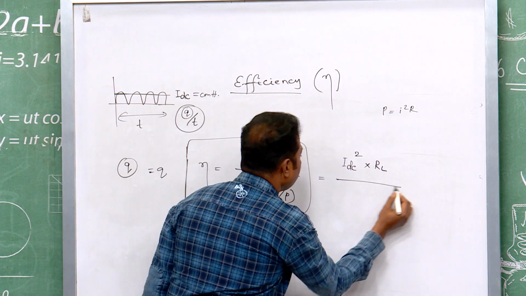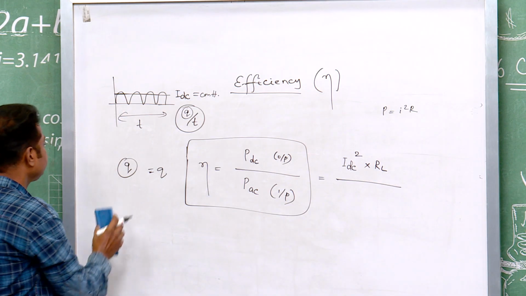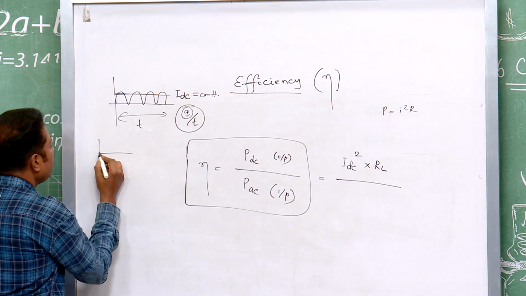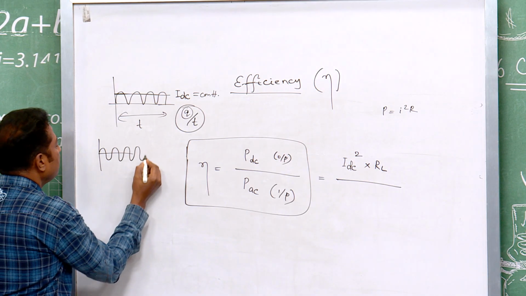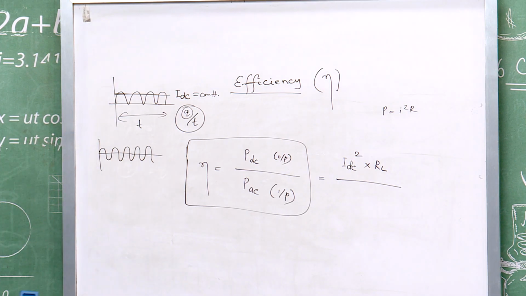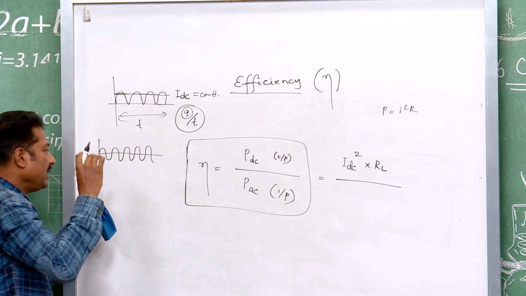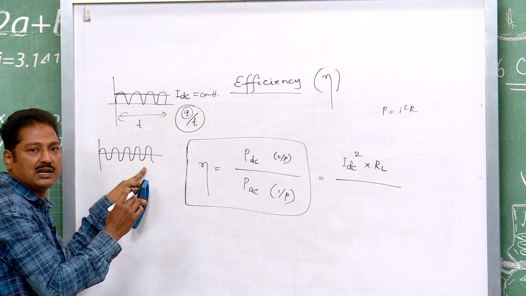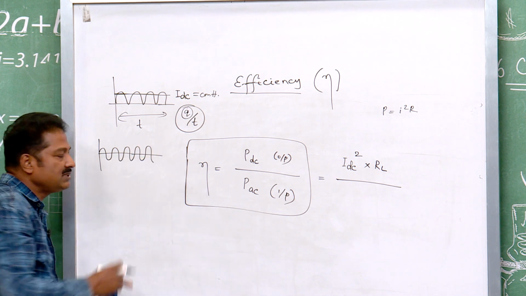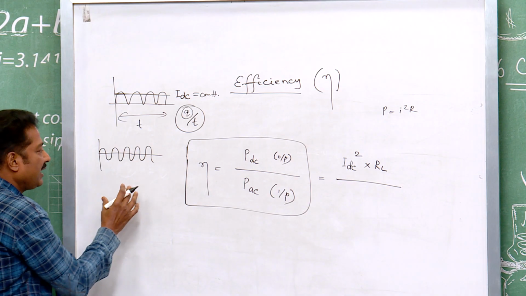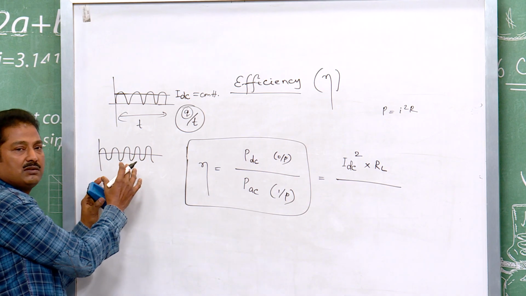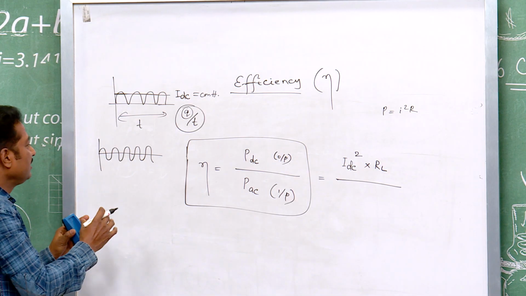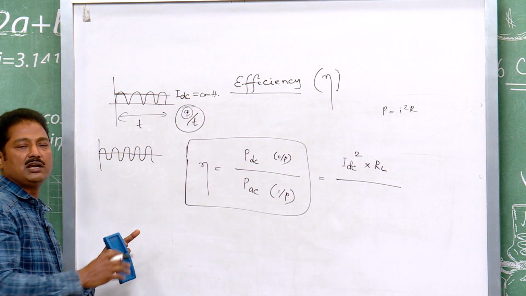And what about PAC? PAC, AC you know it was another fluctuating signal, but you need a constant value from this fluctuating signal. And for this, you have to first find the square of this value, then you take the mean, and then you take the root over.